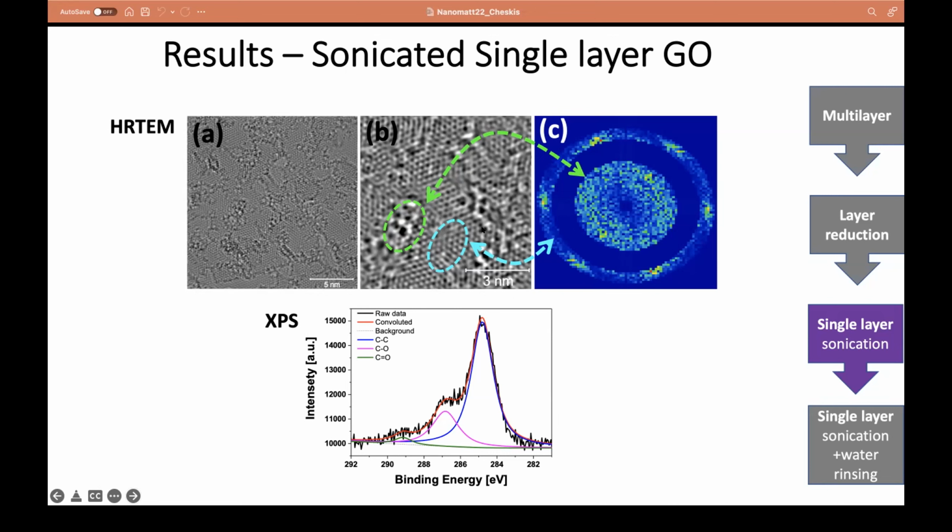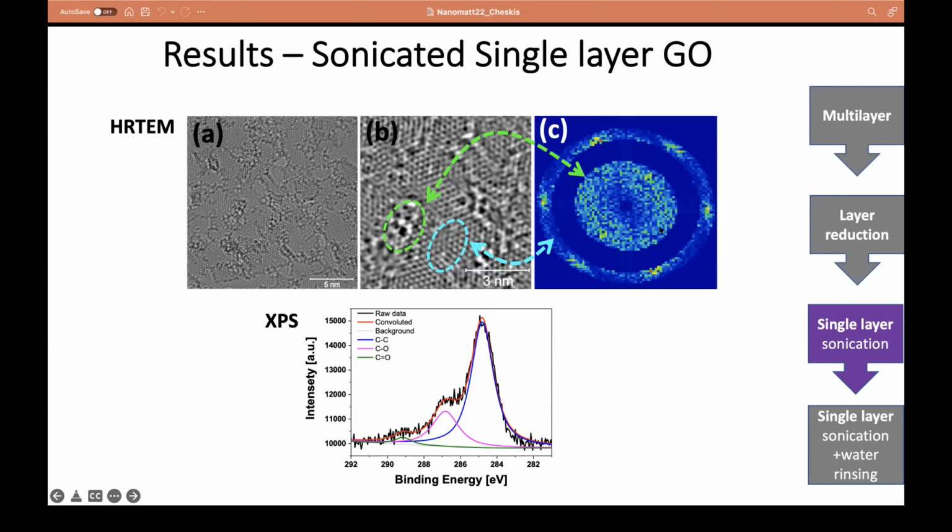Fourier transform separation, we see that for pure graphene we get a hexagonal pattern, but for this distortion, for this oxygen debris, we see a frequency close to 0, but it's not like it was in the multi-layer. It's less. You see some high points on this.